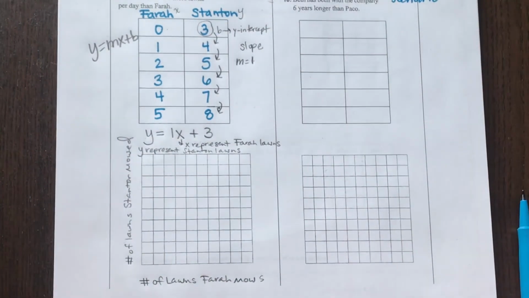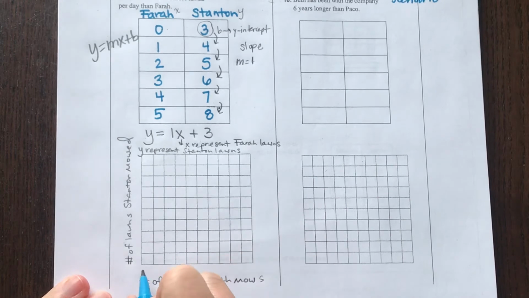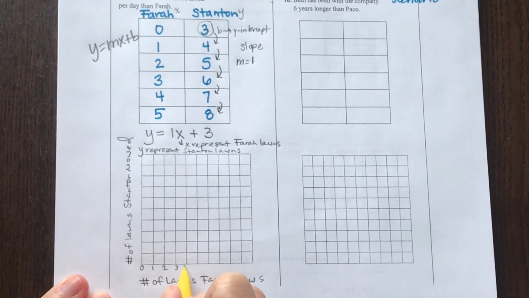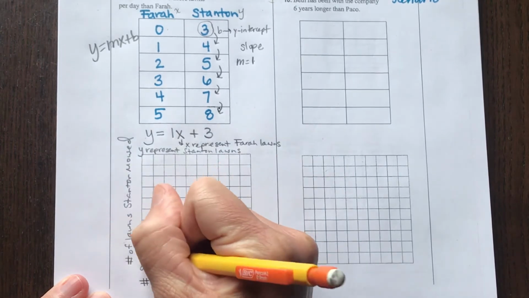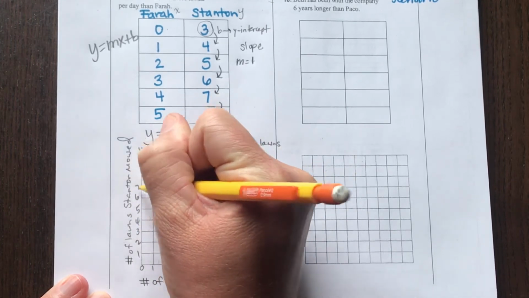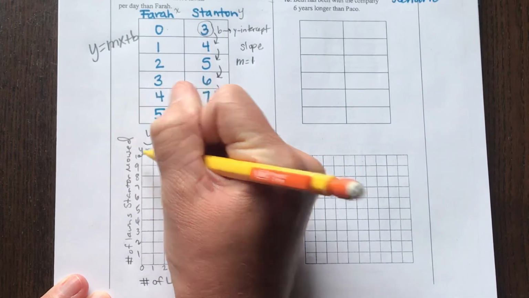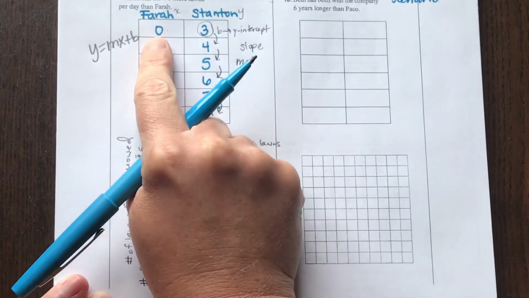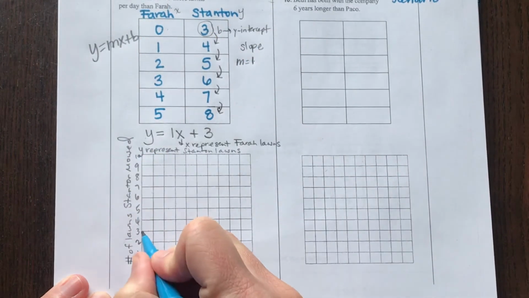Okay, so if I label my axis here, 0, 1, 2, 3, 4, 5, 6, 7, 8, 9, 10, and 1, 2, 3, 4, 5, 6, 7, 8, 9, 10. All right, so Farah has 0, Stanton has 3.